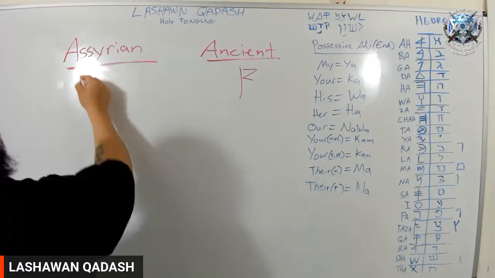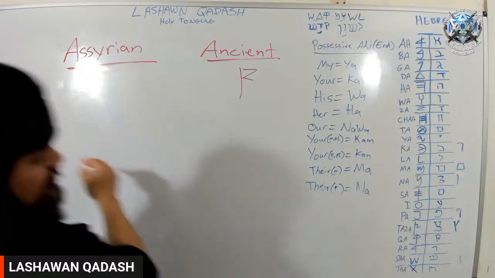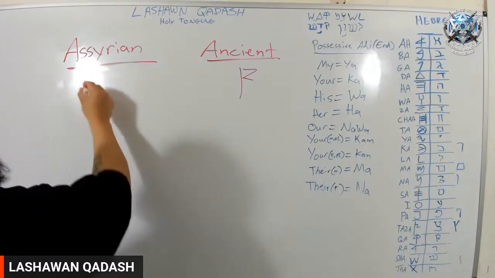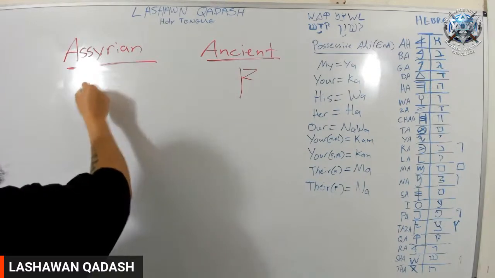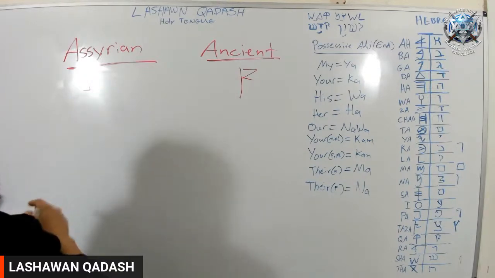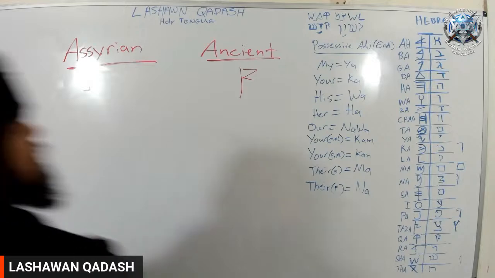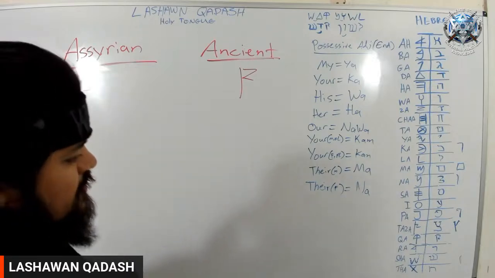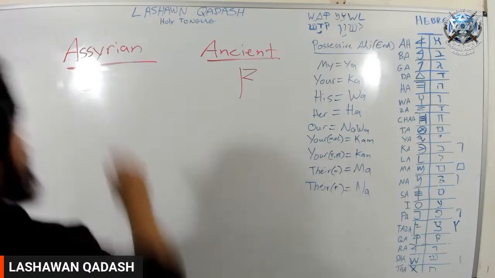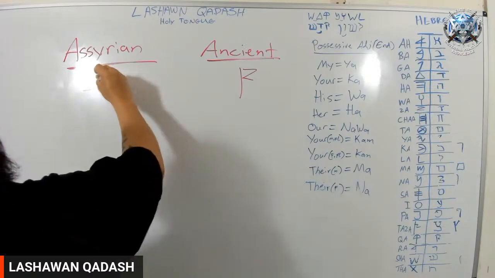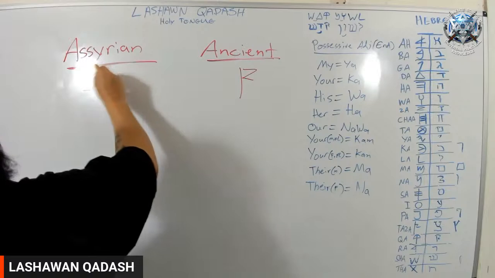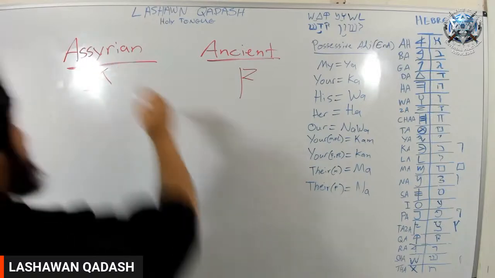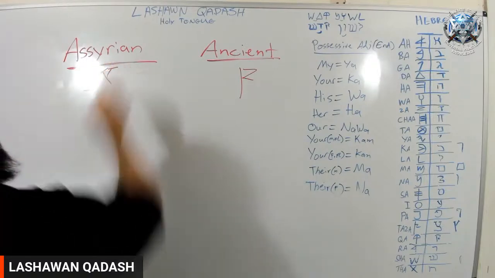Assyrian Tazah. Both versions of it too. Now, what's the end version? It's right there. It's like a backwards Y, right?